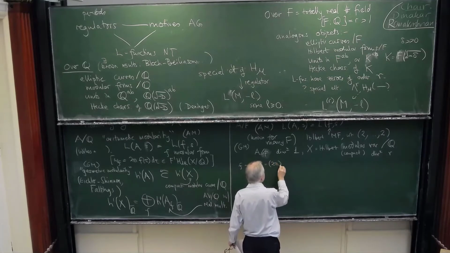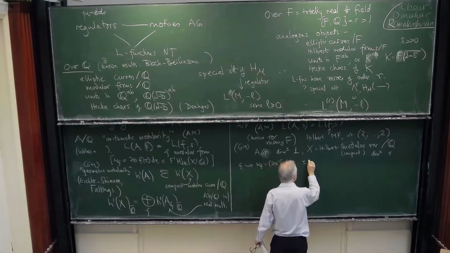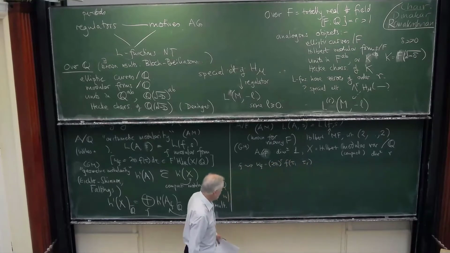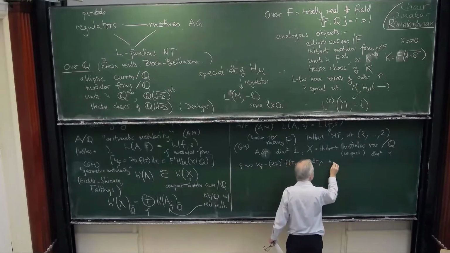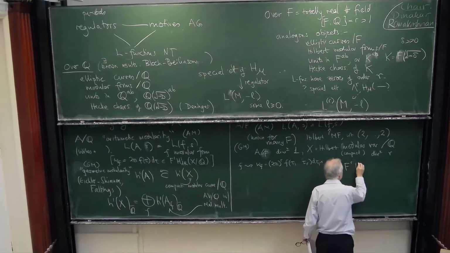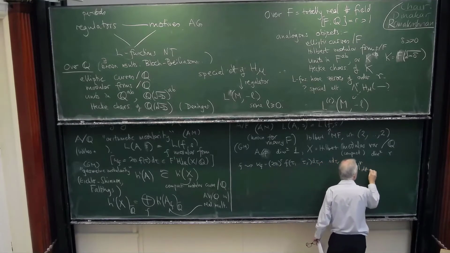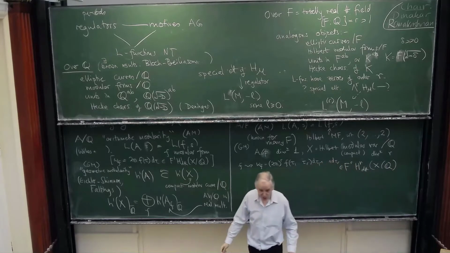It's 2 pi i to the R. So a Hilbert modular form is a function of R variables in the upper half plane. And this belongs to the F^R of the H^R de Rham of X over Q with suitable normalizations.